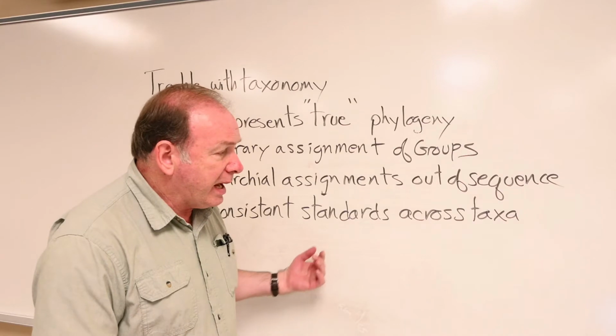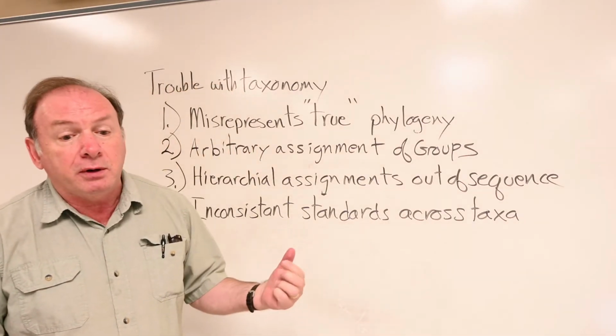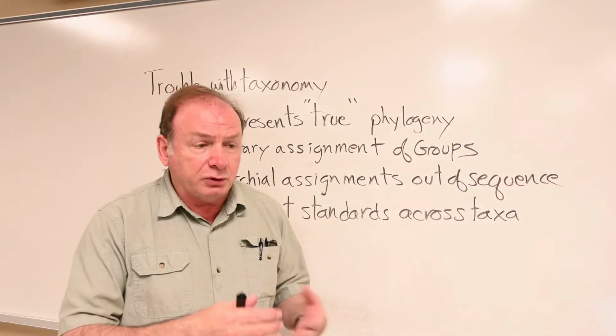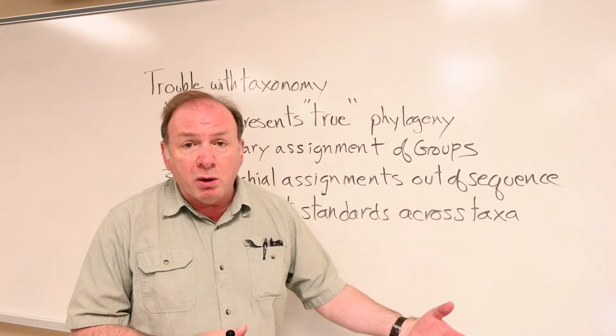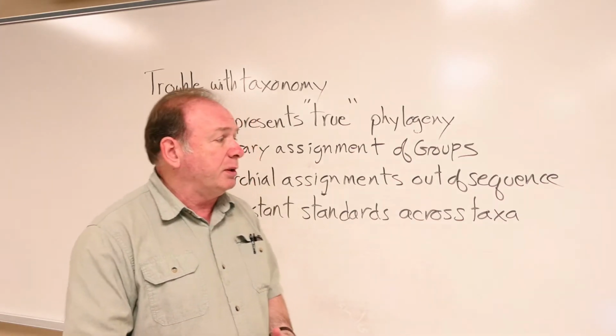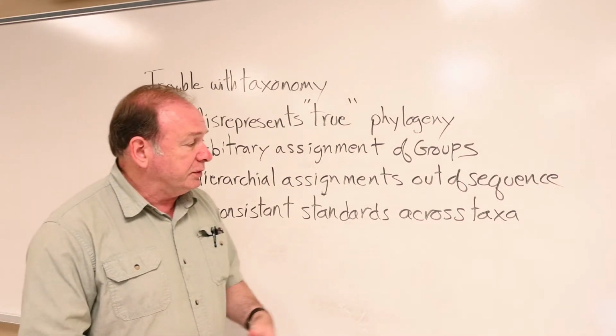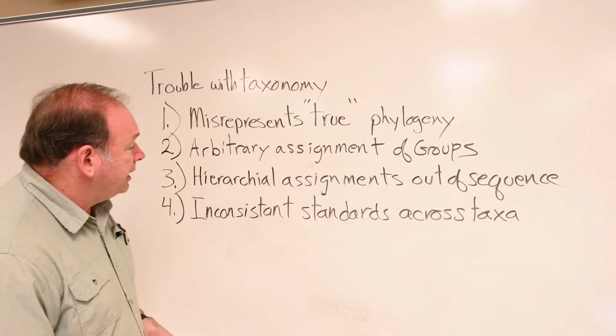So if we have skeletal features, if we have hard features, that's the preferred standard to use, because we can refer back in the fossil record and see the fossilized bones of other organisms and make judgments about their placement in taxonomy as well, based on the fossils of skeletons of extinct organisms that are out there.